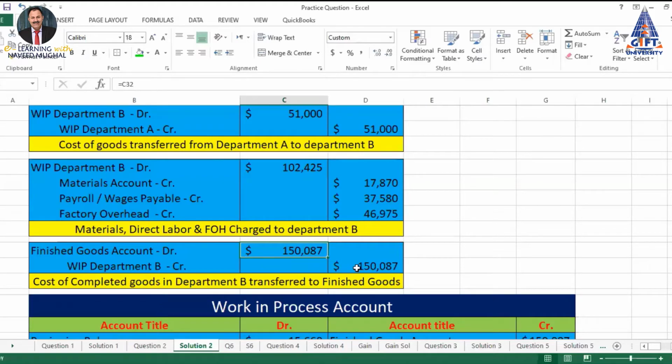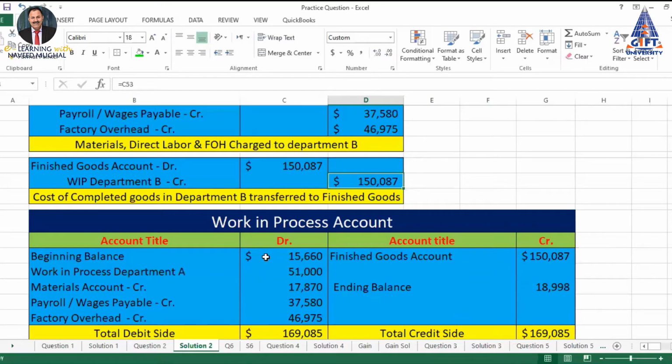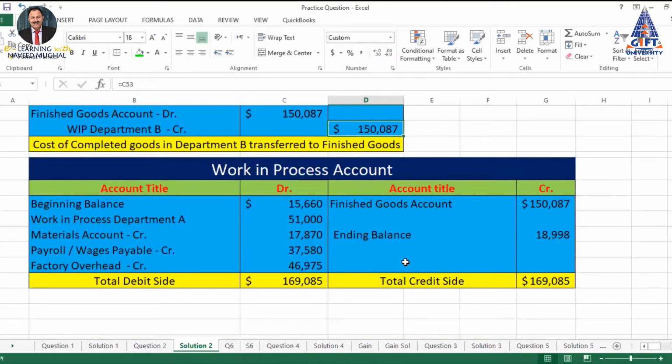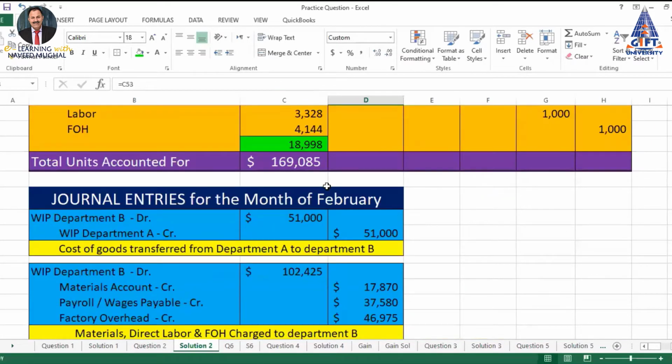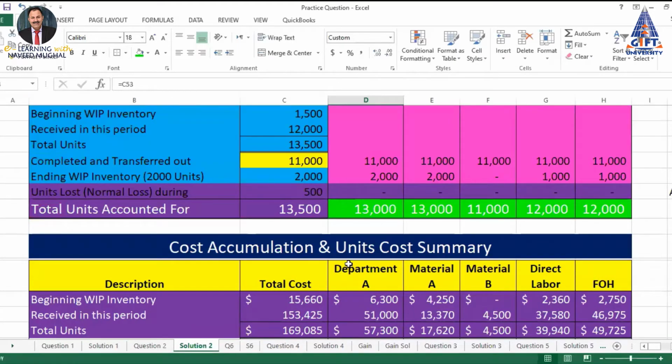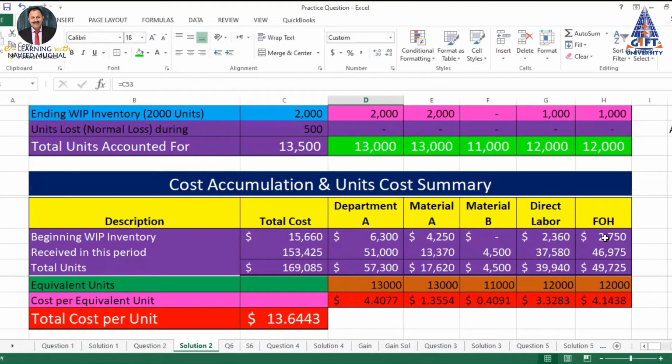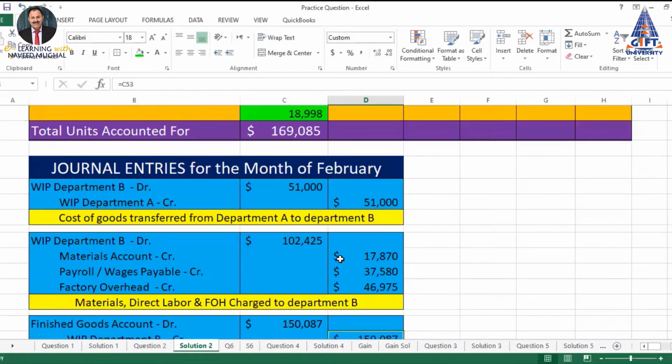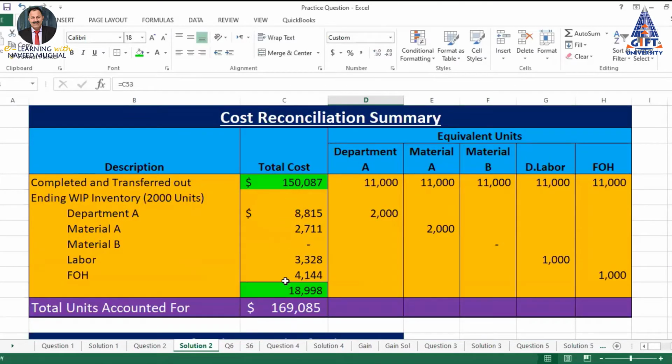So this is the whole working of recording the cost of completed units transferred to the next department. In this way, we will have a record of finished goods debit and work in process department B account credit, because goods have been transferred from B to finished goods. And what is the work in process account? This part of the table will be the debit side, and this part of the table will be the credit side.